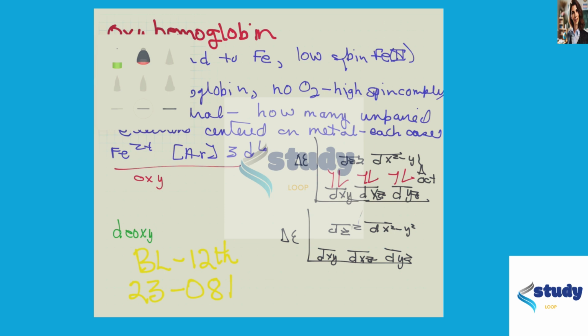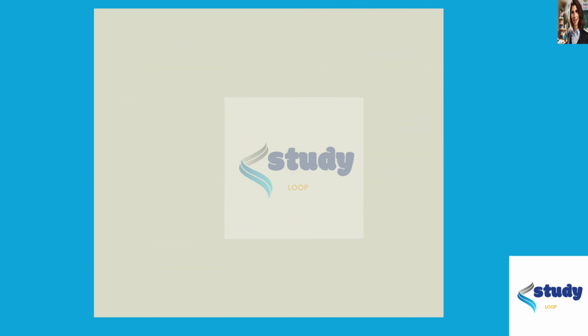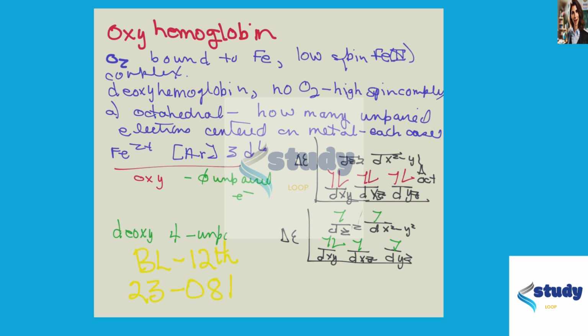And those will look like, let's do those in green, will look like that. How many unpaired electrons? So this has 0 unpaired electrons, and this has 4 unpaired electrons.